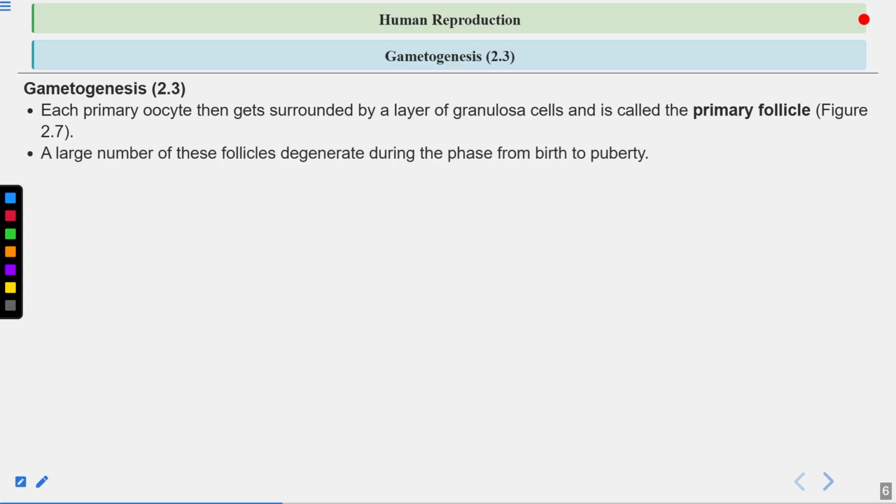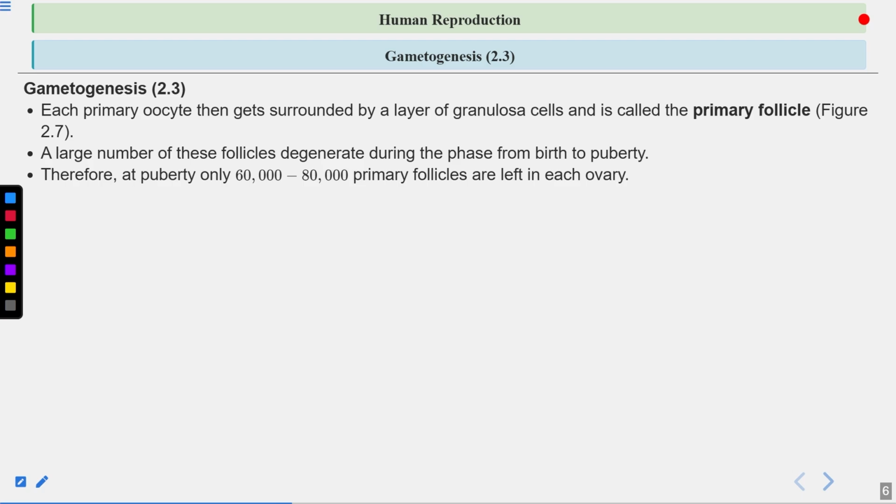Now, a large number of these follicles degenerate during the phase from birth to puberty. A lot of these primary follicles degenerate from birth to puberty. Initially, millions of these primary follicles are formed, but slowly they degenerate till the female attains puberty.